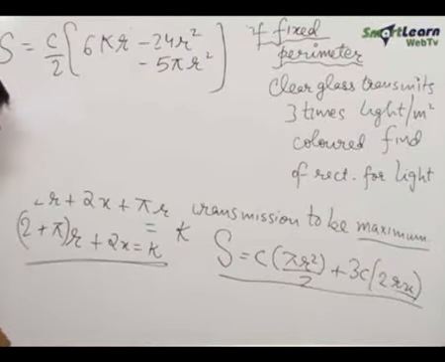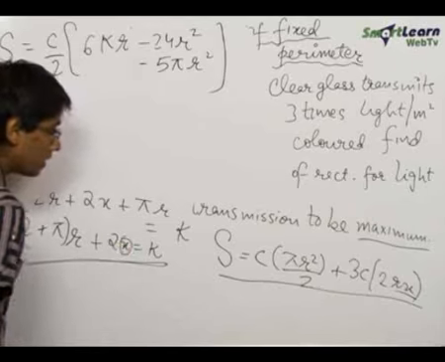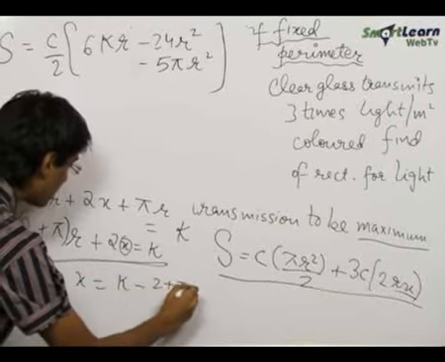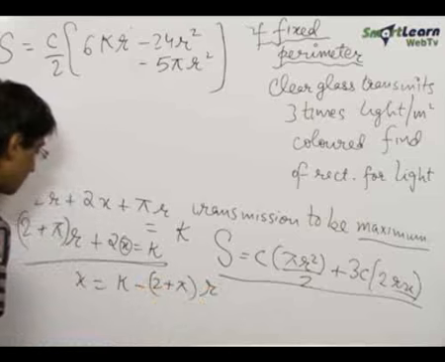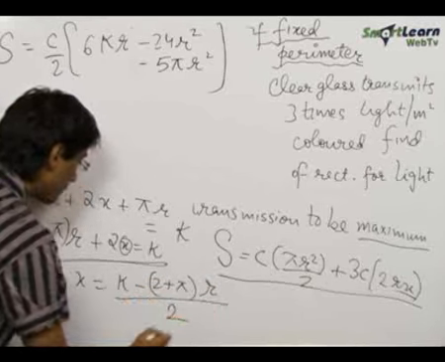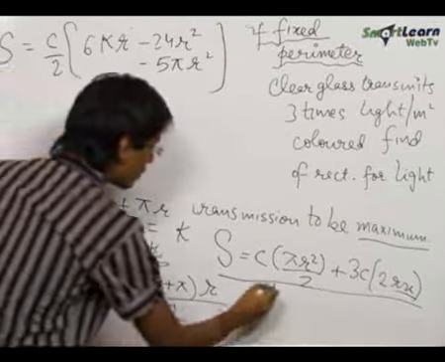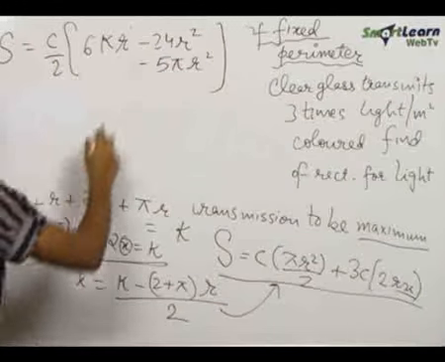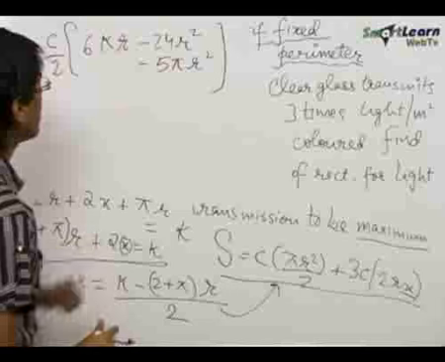What we have done is, we have put x in terms of r as k minus (2 plus pi) r upon 2 in this equation to get the total light S as C by 2 times 6kr minus 24r square minus 5 pi r square.